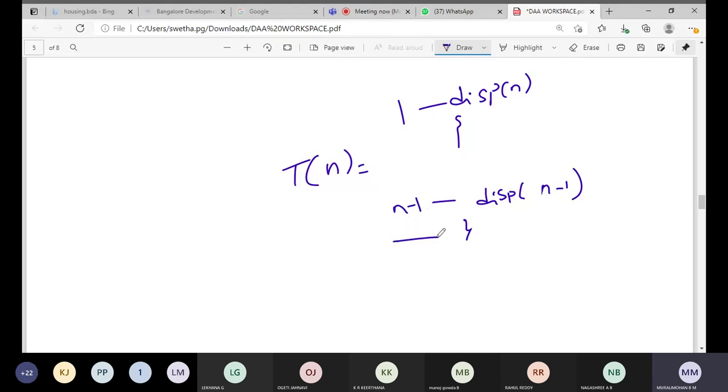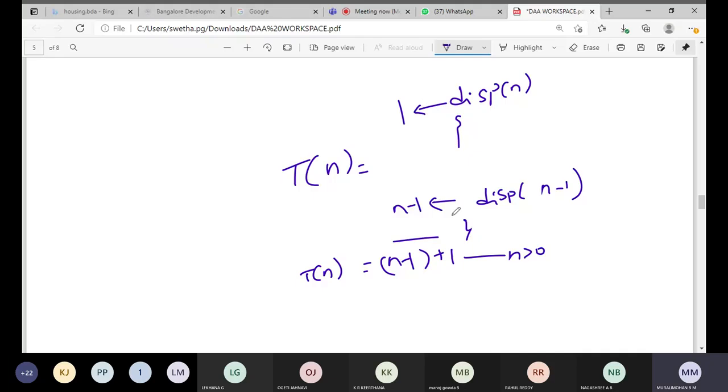So the total amount of time is n minus 1 plus 1. So this is how we are getting T of n is equal to n minus 1 plus 1 if n is greater than 0. Is it clear? Kindly respond, please.